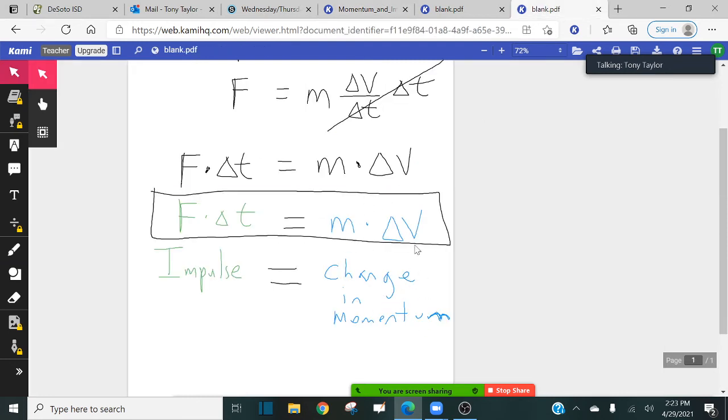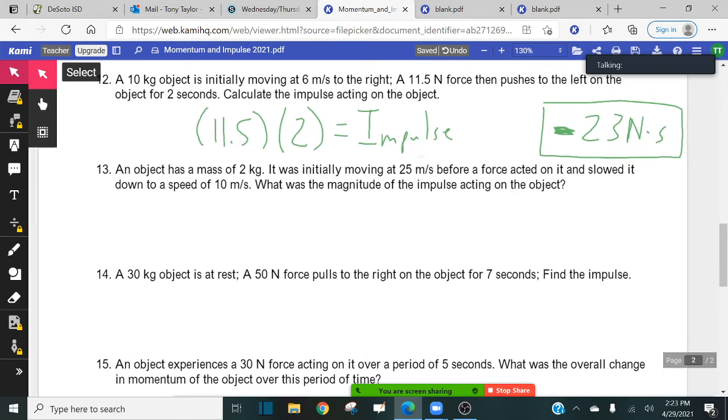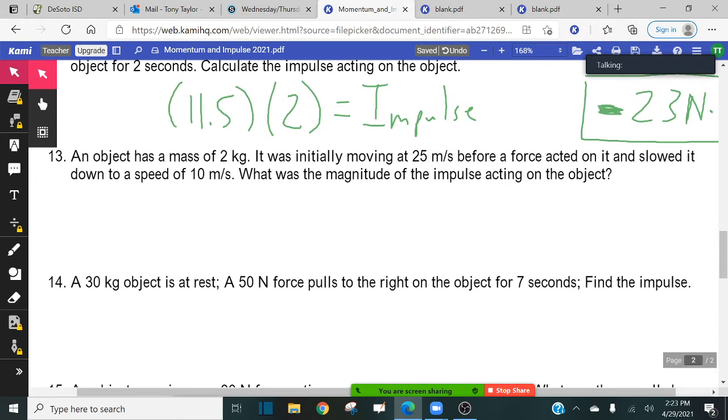And you guys know what change in momentum is. It's mass times change in velocity. So mass times change in velocity will tell us our object's change in momentum.